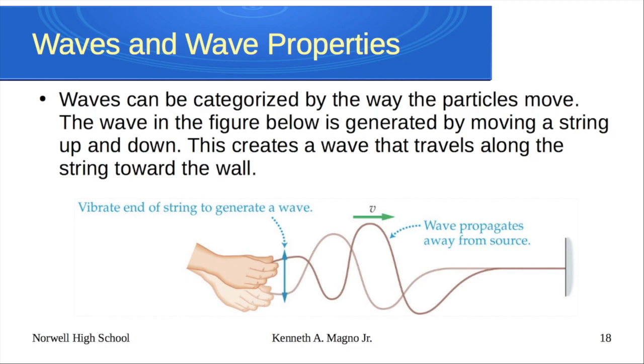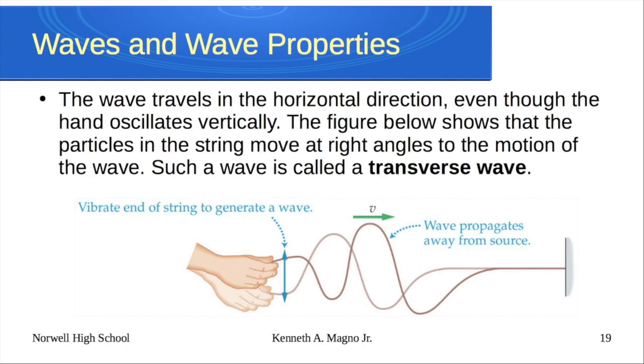In this example, we're moving the particles perpendicular to the motion of the wave. When we do that, we call this a transverse wave. So if the motion of the wave is perpendicular to the actual motion of the particles, so basically I've got up and down motion of my particles, but my energy is still moving forward, that's a transverse wave.